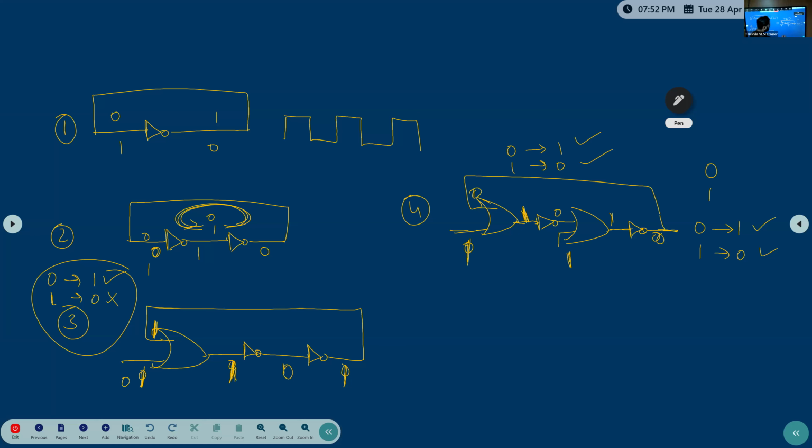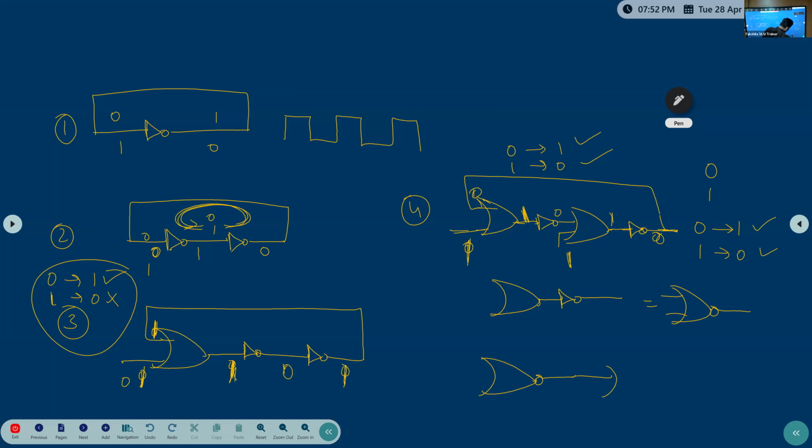Now, if you observe, one OR gate, one inverter is there. These both together, how can I write? One NOR gate I can write, right? Yes or no? So now see, this is one NOR gate. Clear?